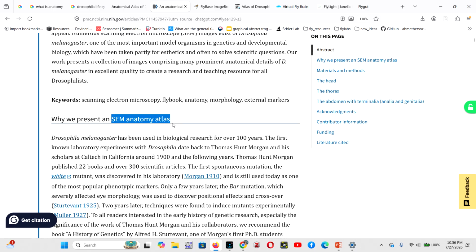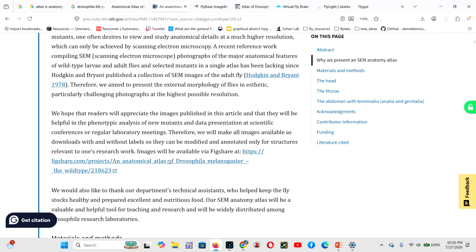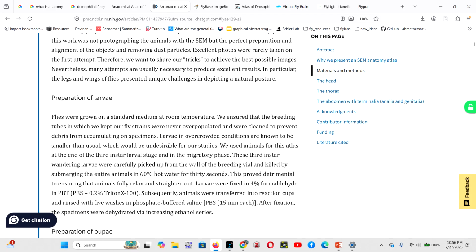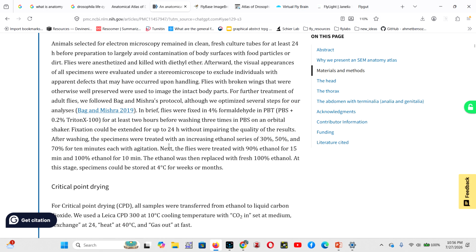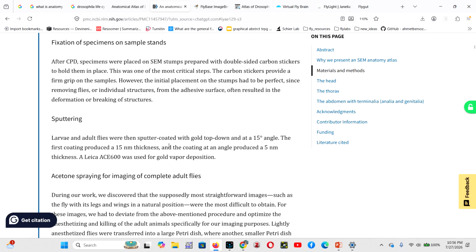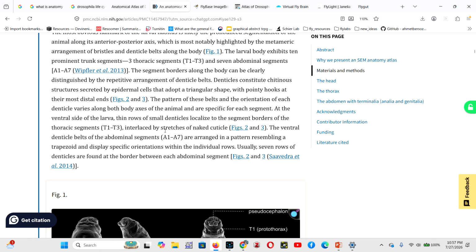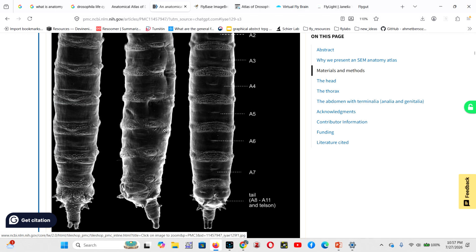We know that the scanning electron microscope does its job really well when it comes to exploring the very unknown anatomical parts of any living thing. So you need to read this paper. I'm going to give you just a quick overview.